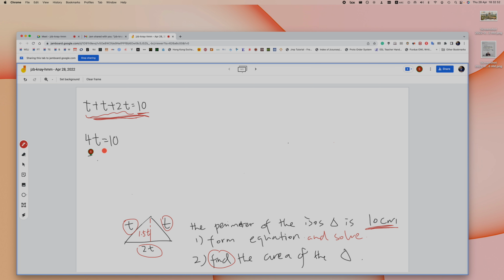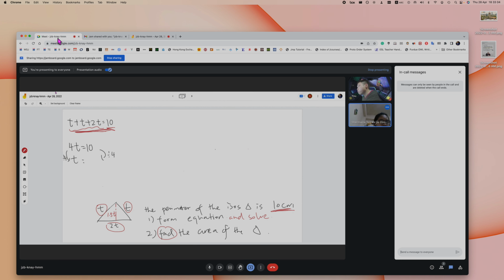Wait, get the t first. What are you doing? Why do you jump to the second part? Not yet. Okay, so t equals 2.5. So now you go ahead and do part 2. Without t, you cannot find the area.